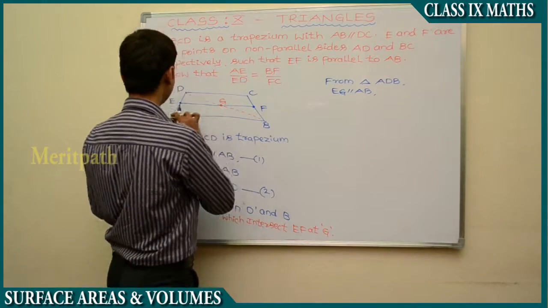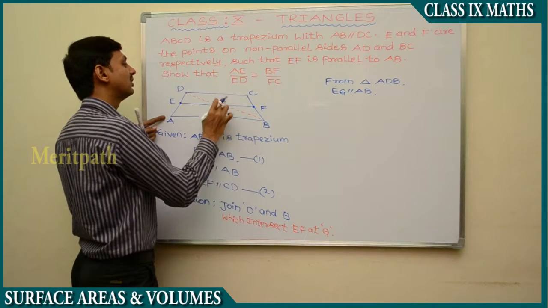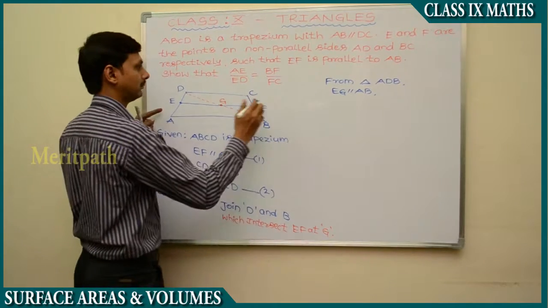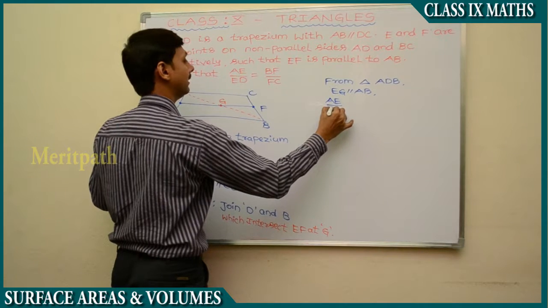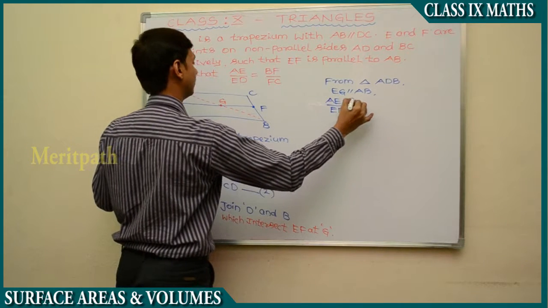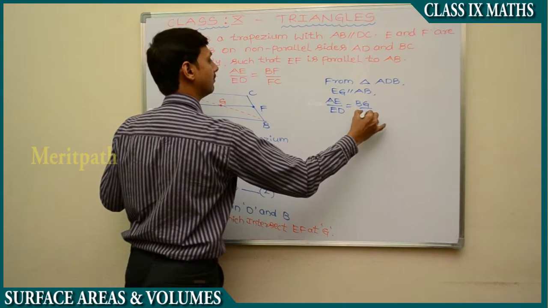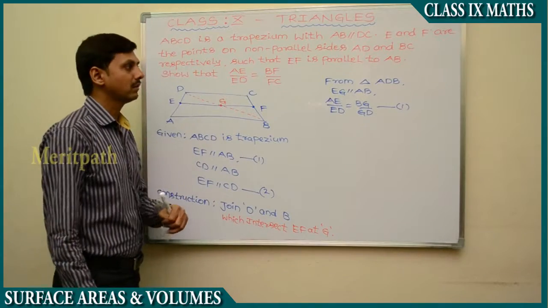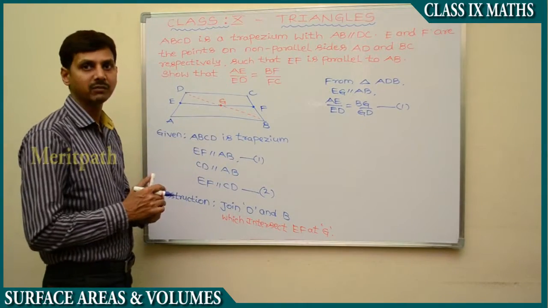So let's write that AE by ED is equal to BG by GD. This is one of the equations we got, from one of the triangles.